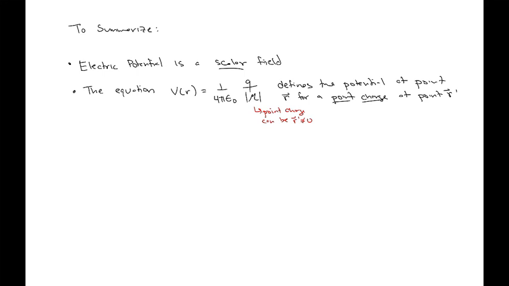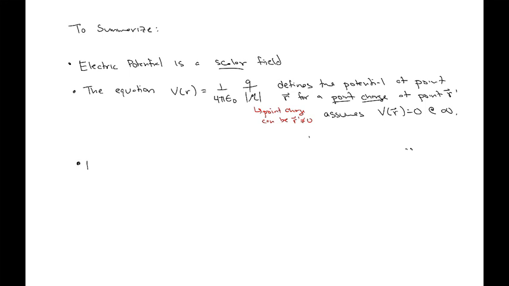But it also assumes that V of r equals 0 at infinity, which in some cases it doesn't make sense to assume. If you've got, for example, a sheet of charge or a line of charge that goes all the way to infinity, you actually get in trouble when you assume the potential is 0 at infinity because you have charge there. But that's a special situation.